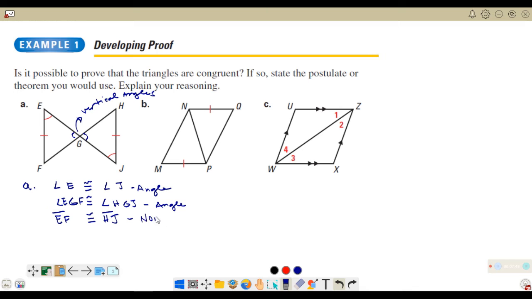So, this is the non-included side. We can prove that the triangles are congruent through the AAS postulate. Ah, this is not a postulate. It is the AAS congruence theorem. Congruence theorem.